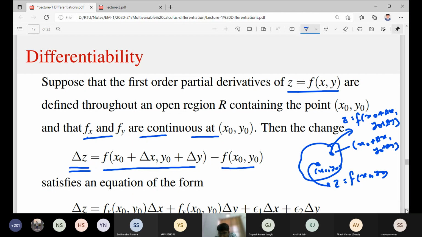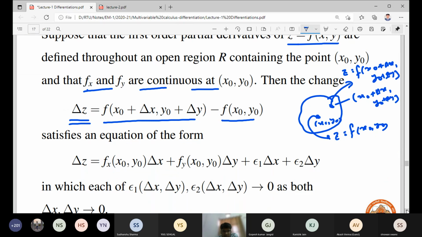Now with the help of Taylor's theorem, if we apply Taylor's theorem for two variables, then the expansion of this term is given as fx at (x0, y0) multiplied by delta x plus fy at (x0, y0) multiplied by delta y plus epsilon 1 delta x plus epsilon 2 delta y.